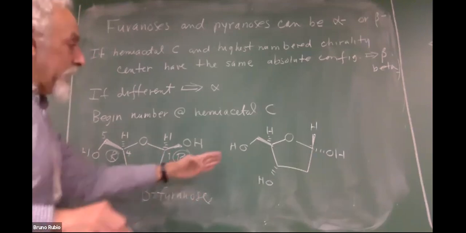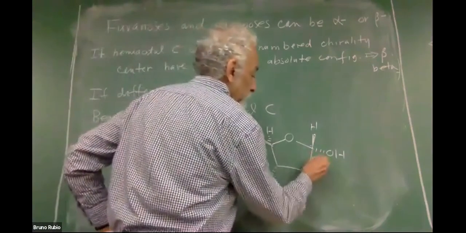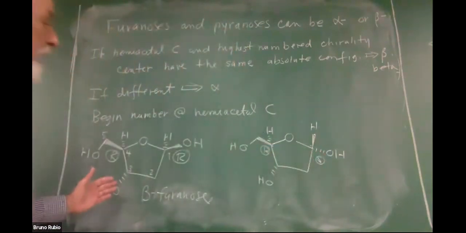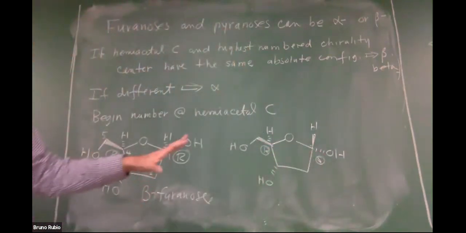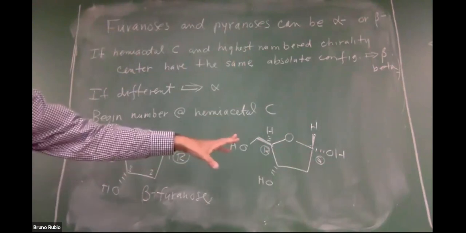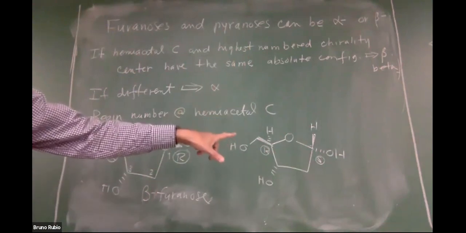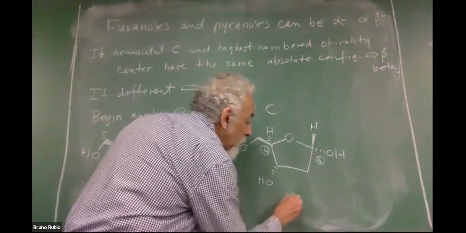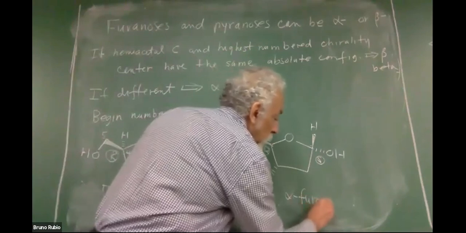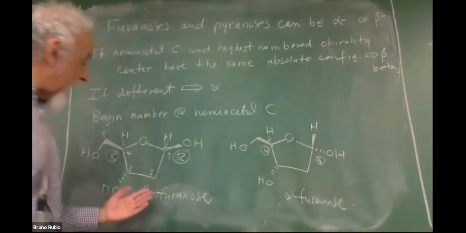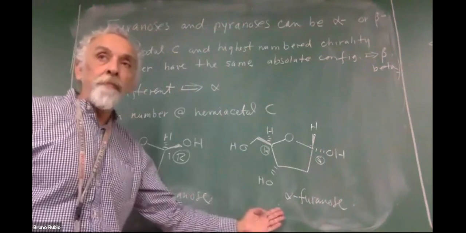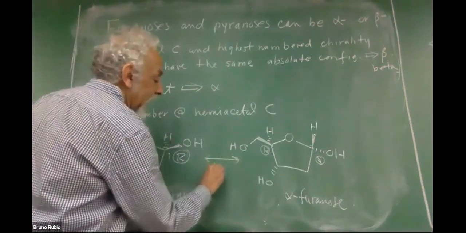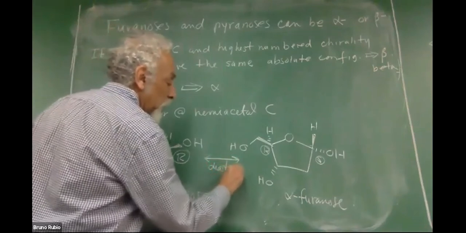So this guy is now the S absolute configuration. This guy is the R absolute configuration. The absolute configuration at the highest numbered chirality center and at the hemiacetal carbon are different. This is the alpha furanose. And how are the alpha furanose and the beta furanose related? These guys are diastereomers.